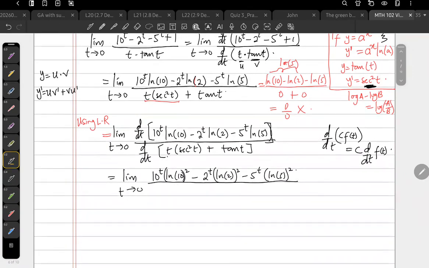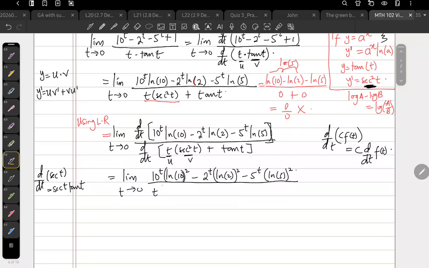In the denominator, we have a product here, so we are going to use the product rule again. But we need to remember that the derivative of sec t is sec t tan t. So the product rule here, u times dv dx, so that is t times, and to differentiate sec squared t, we can also use the chain rule.